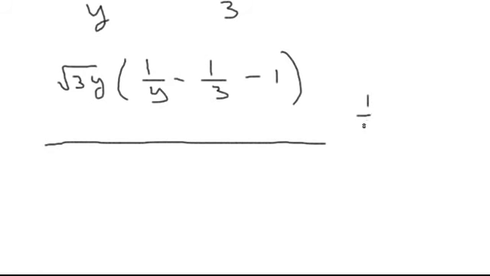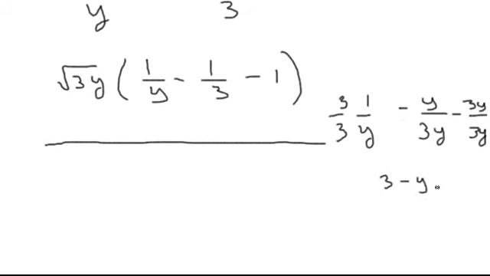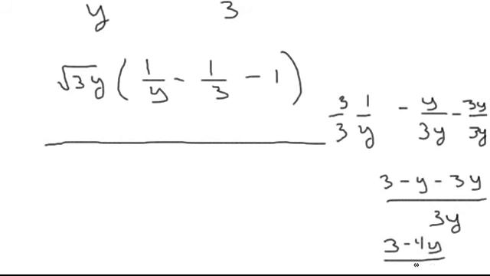If you forgot how to do that, get a common denominator, which is going to be 3 over 3 minus y over 3y, then minus 3y over 3y, and so we have 3 minus y minus 3y, it's all over 3y, and so that becomes 3 minus 4y over 3y.